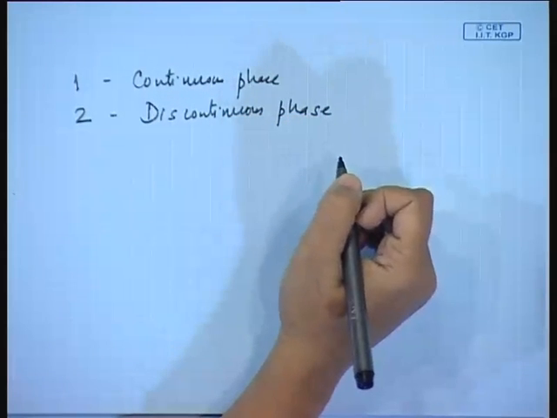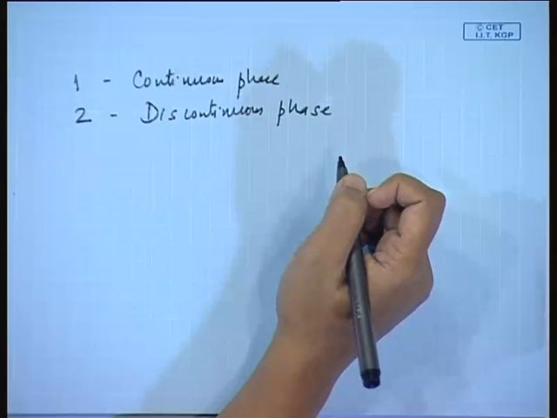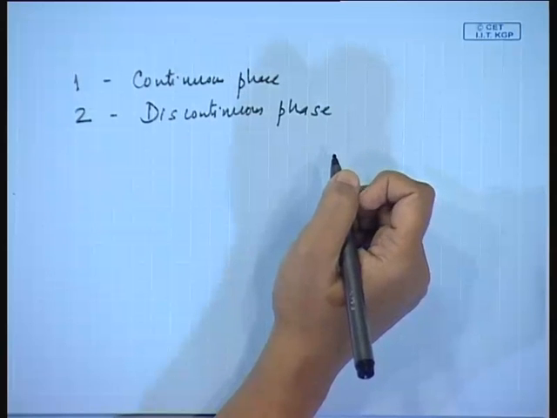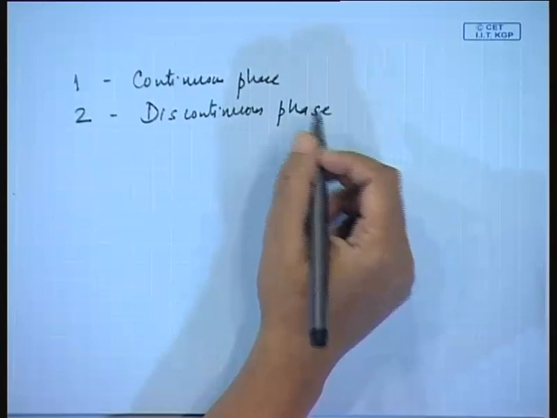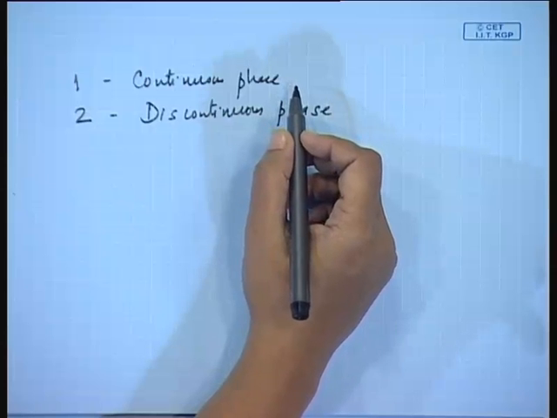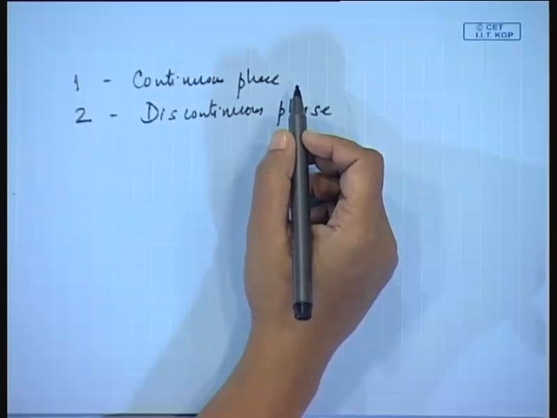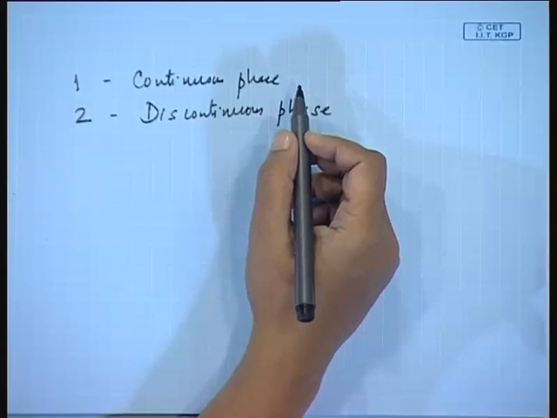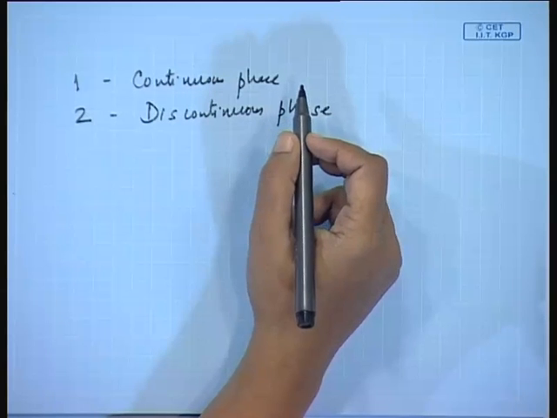But how do we define the continuous phase and the discontinuous phase? I had already given you the definition earlier. A continuous phase is defined as one in which any 2 points can be joined by a line, straight or curved, which passes through the same phase without crossing the interface. I would like to repeat it.